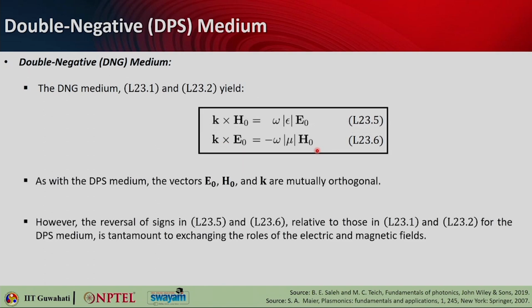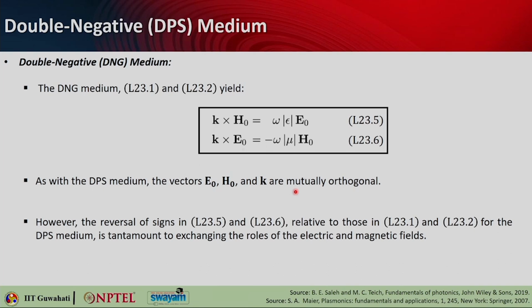Just as we have seen for the DPS medium, the double positive medium, where E naught, H naught and k are mutually orthogonal, here also you can establish that they are orthogonal.